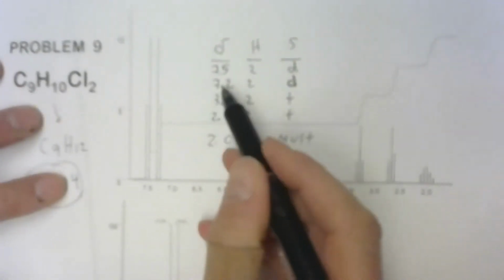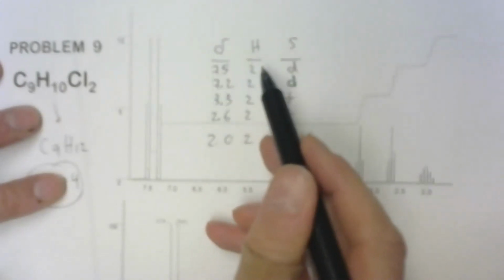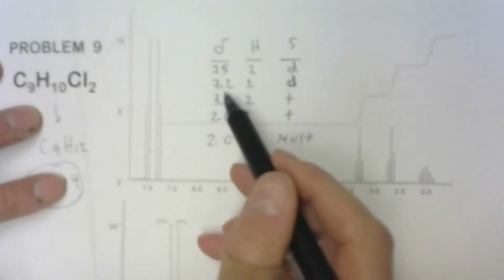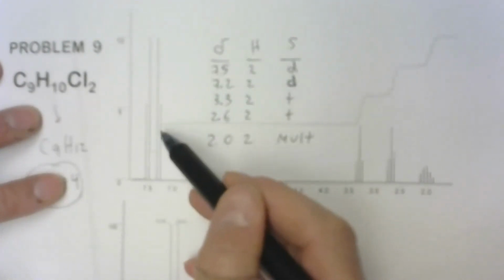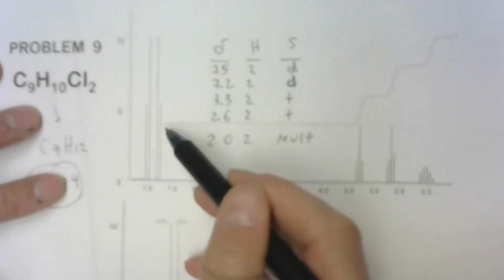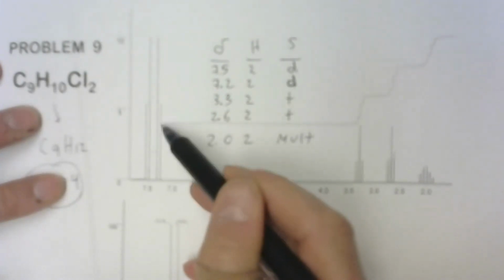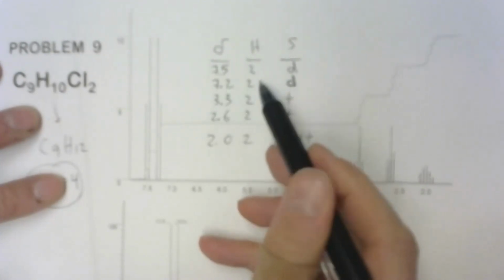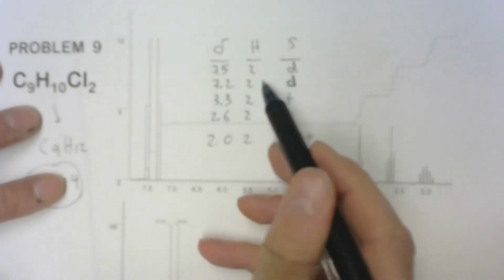Okay, now the substructures. This one's a little challenging because all the benzenes so far have been 5 protons, right? 5 protons, you say monosubstituted. Well, this looks like 2 doublets in the aromatic region, because that's the 7-ish region. 2 doublets adds up to 4, so it's not monosubstituted.